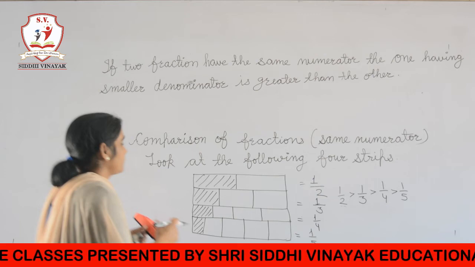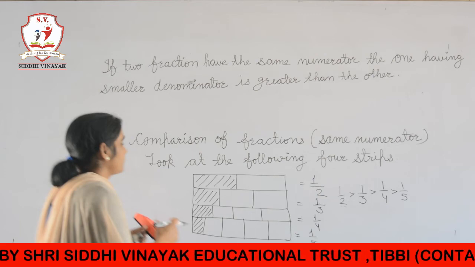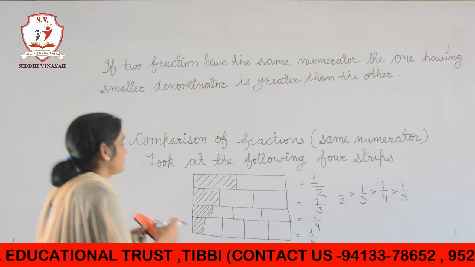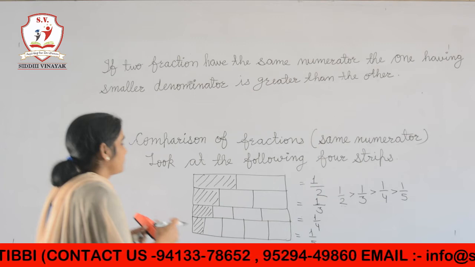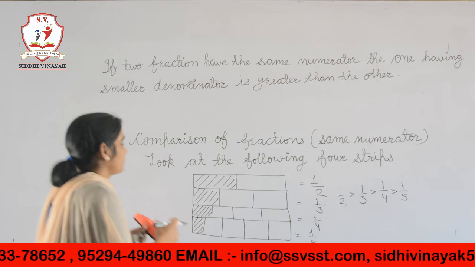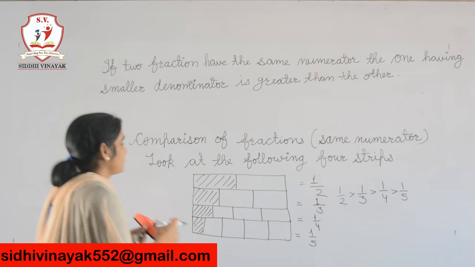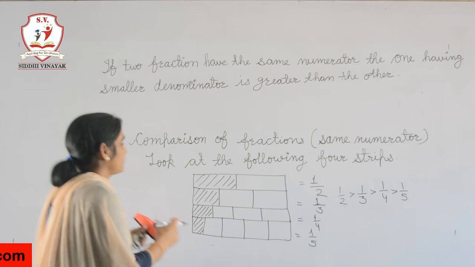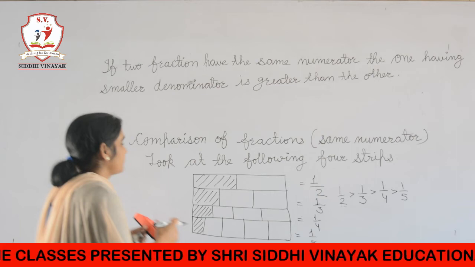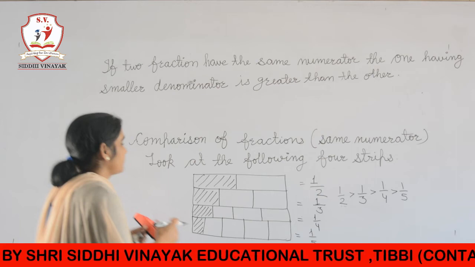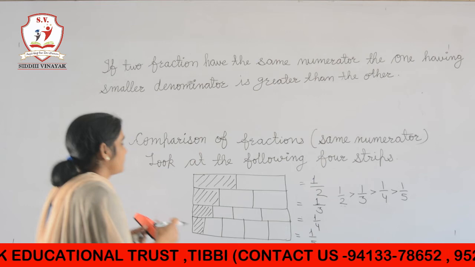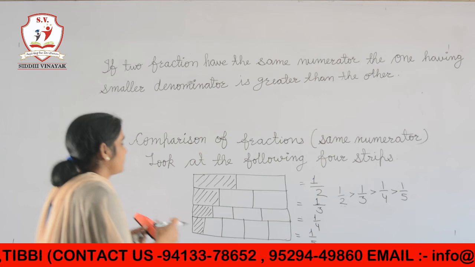We take a figure. We divide it into 4 parts. Total part is 4. Shaded part is 1. Our fraction is 1/4. Second, we divide it into 4 parts.